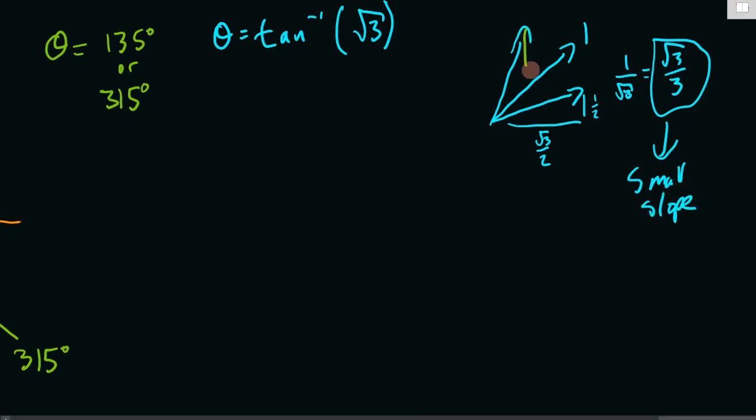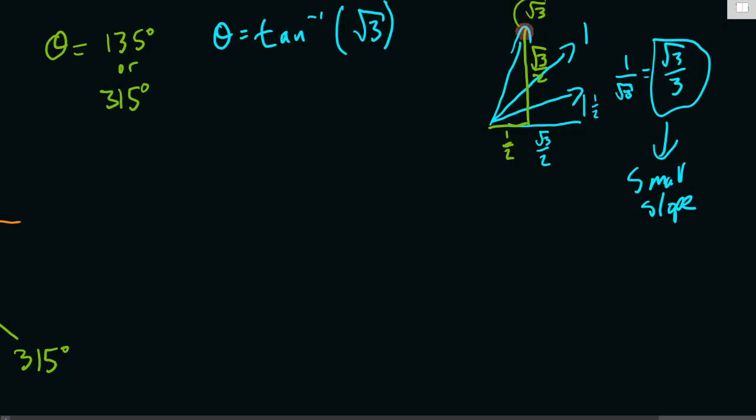And this one here has a root 3 over 2 for the rise, or it's a tall sine, because this is our 60 degree, and our cosine is short, it's the small side, because it's the 60-degree triangle. So then the slope of this one is root 3 over 1, which doesn't matter. So this is just root 3.